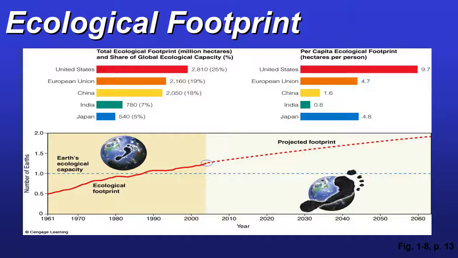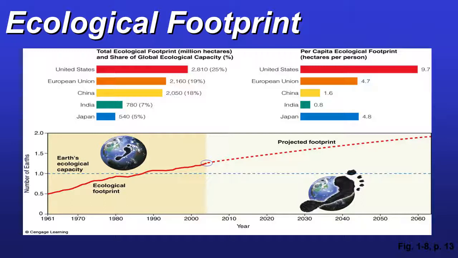So this graphic is basically indicating that over time, from the 1960s, we've increased our resource consumption and demand on the environment, and around the year 1990, we actually hit the equal ratio of ecological footprint to biological capacity if you consider it from a global standpoint.